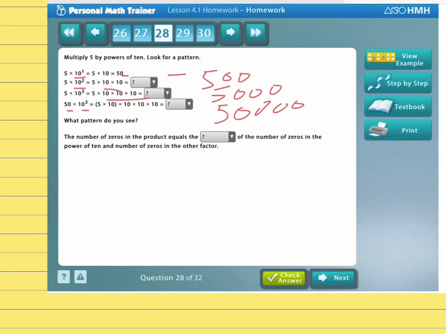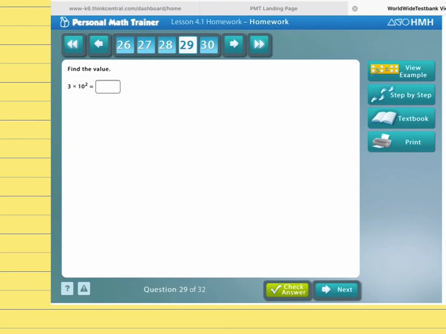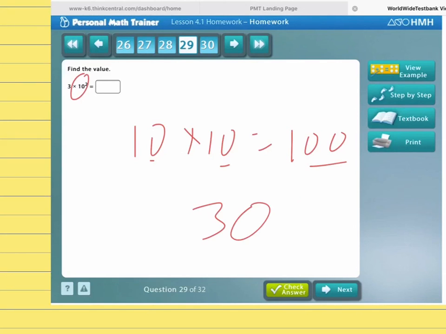The number of zeros in the product equals the number of zeros in the factors. And 10 to the 2nd power is 10 times 10, which is the same as 100. You notice the 2 zeros and the 2 zeros, so 3 times 100 is 300.